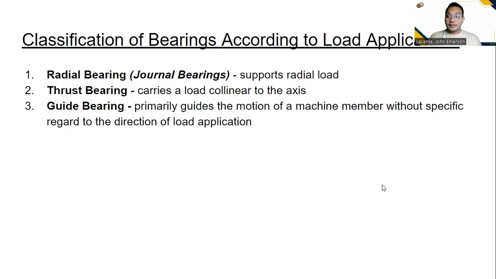Para maiwasan ang misalignment ng machine natin. Para siyang may housing, and sa loob ng housing is may bearing. And rigid siya para dito lang napaano yung ating shaft or journal. Okay? So, next.